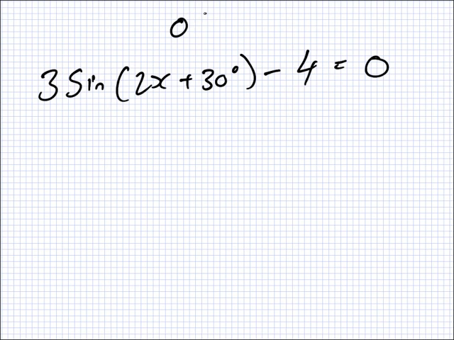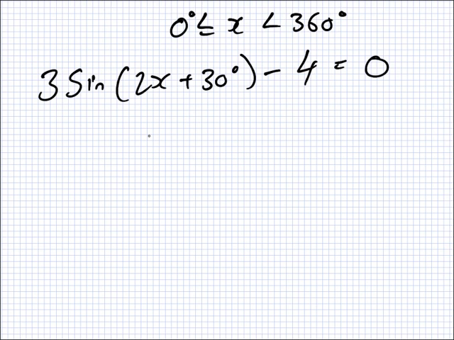And again, let's keep x between 0 and 360. Now, you have to be really careful with this one. Although it looks simple, the order is so important here. And I'll explain what I mean as I go through it.